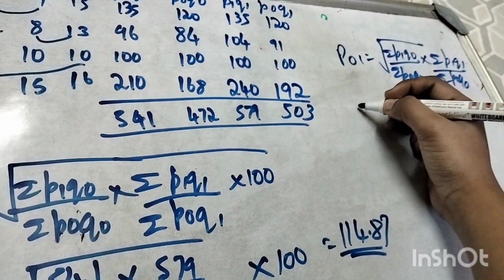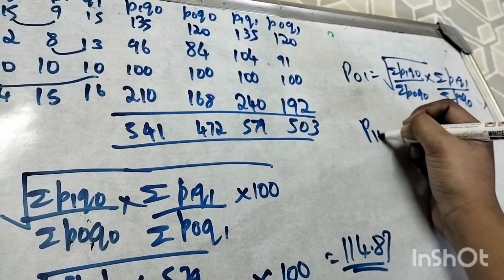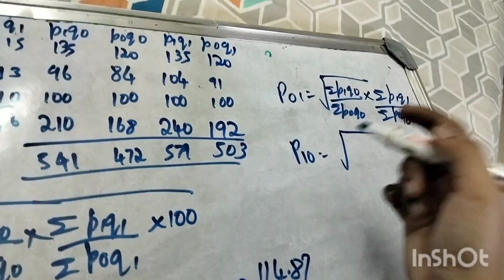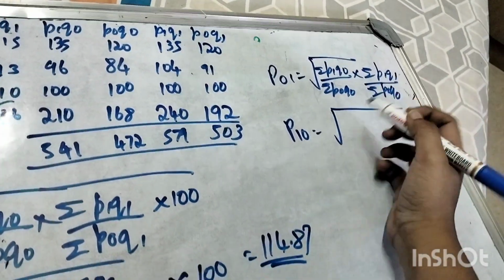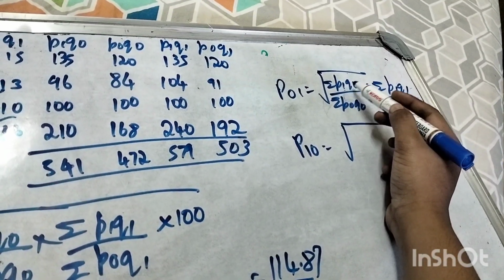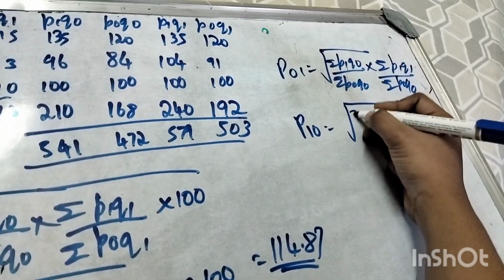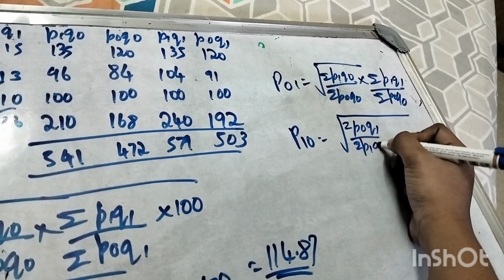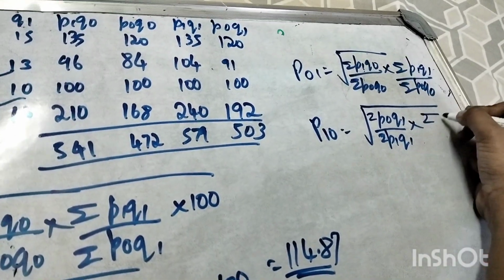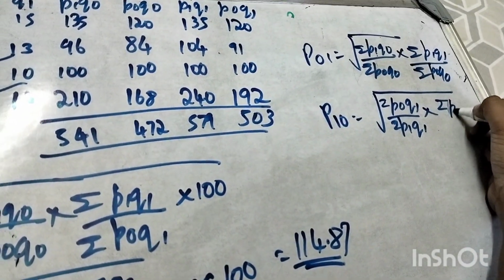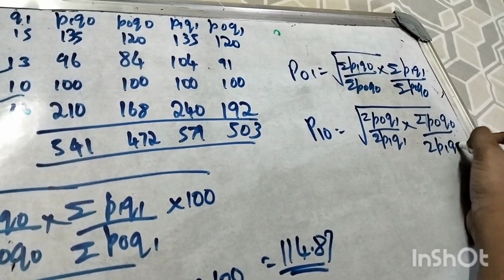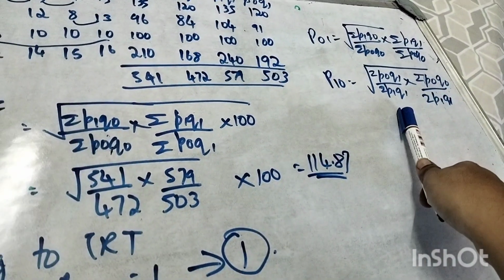Next P10, you need to do nothing but change these 1s into 0 and these 0s into 1. So that's P0 Q1 by P1 Q1 into P0 Q0 by P1 Q0. So you substitute the same.